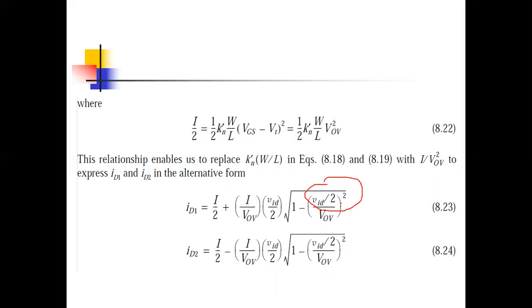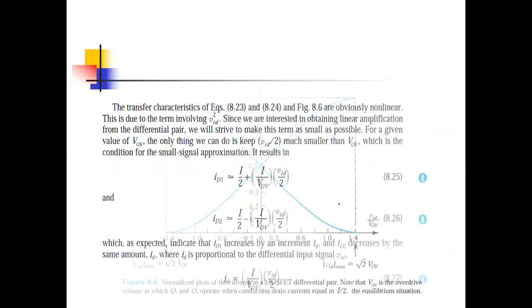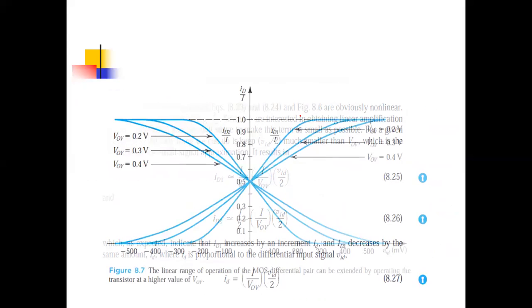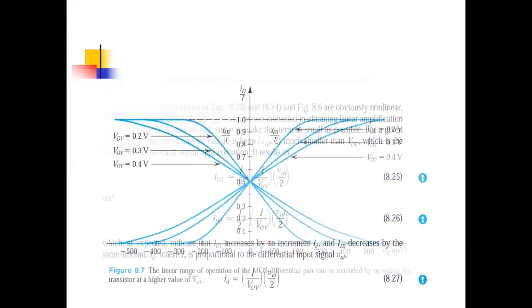Whenever a square term is added, it adds some harmonics, and due to this we are getting the non-linearity. If we want to decrease that non-linearity, then we have to reduce that term. We have to remove this square term. For removing the square term, we have taken the approximation. Now for different values of VOV, we can control this. We can make the characteristics more linear than non-linear.